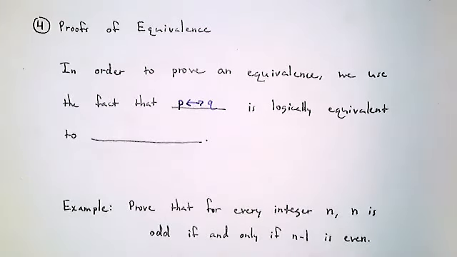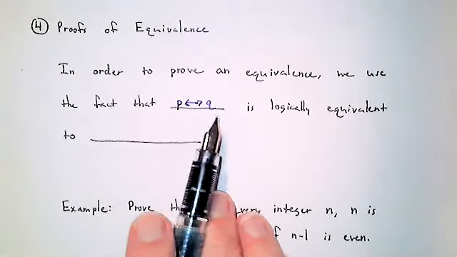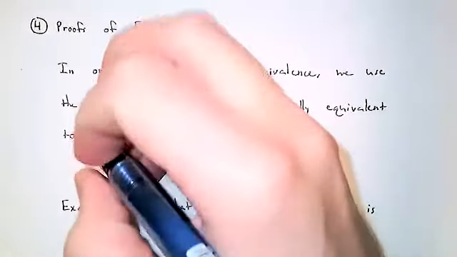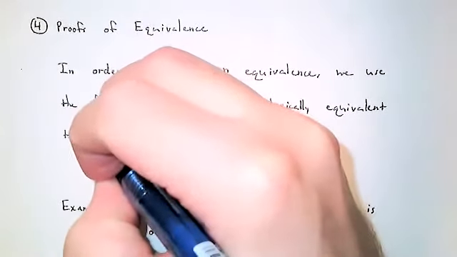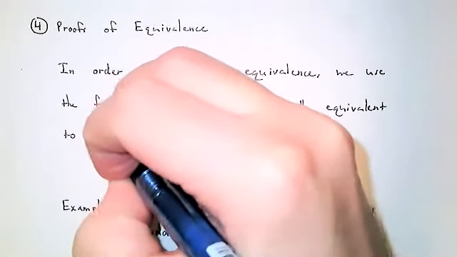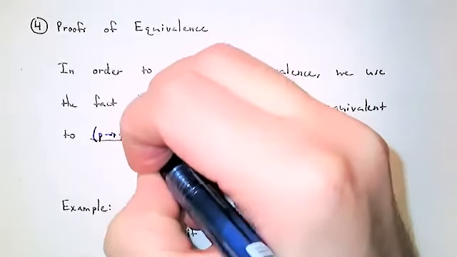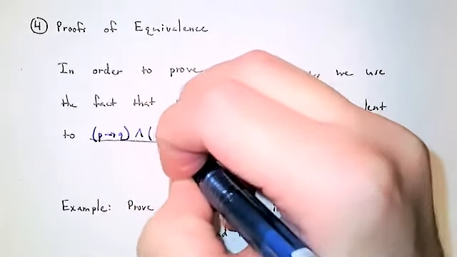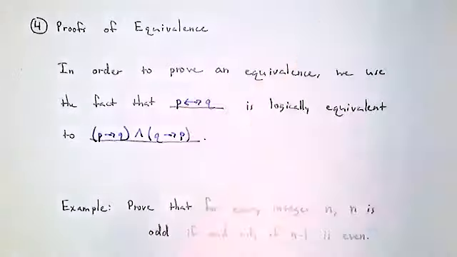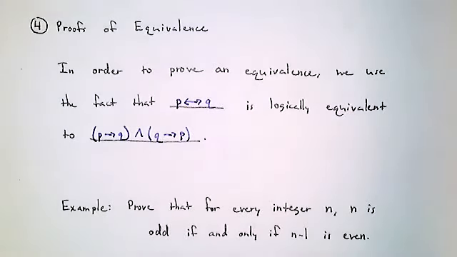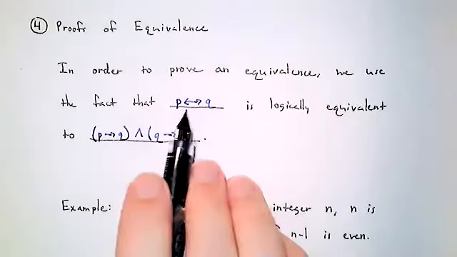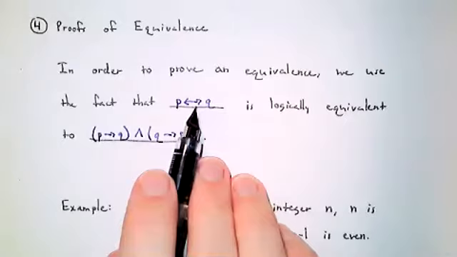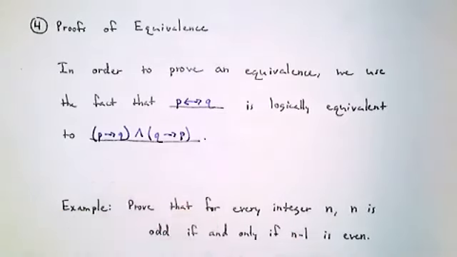And one thing that we did back in chapter 1 is show that the biconditional is logically equivalent to two conditional statements: if P then Q, and if Q then P, like this. So the usual way to prove an equivalence, which is a theorem of this form, is to prove two conditional statements.